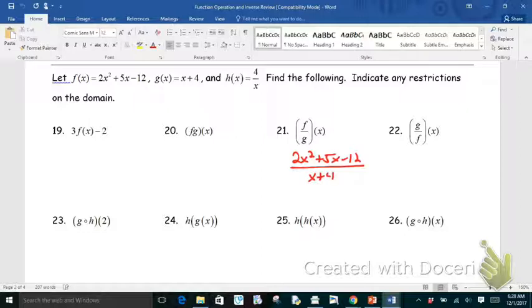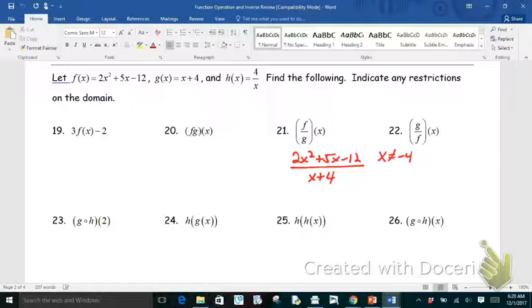The point that I want to make is at this point we can already tell what restrictions or potential restrictions we have with our denominator. Anytime an x value shows up in the denominator at any point, it is going to be listed as a restriction. So we can already say right now that x cannot be equal to negative 4 because that would make the denominator 0. But we are going to look to see if this can cancel.